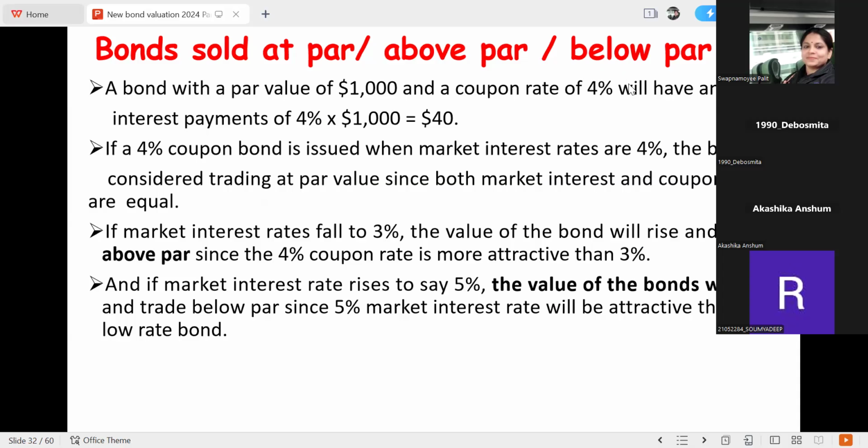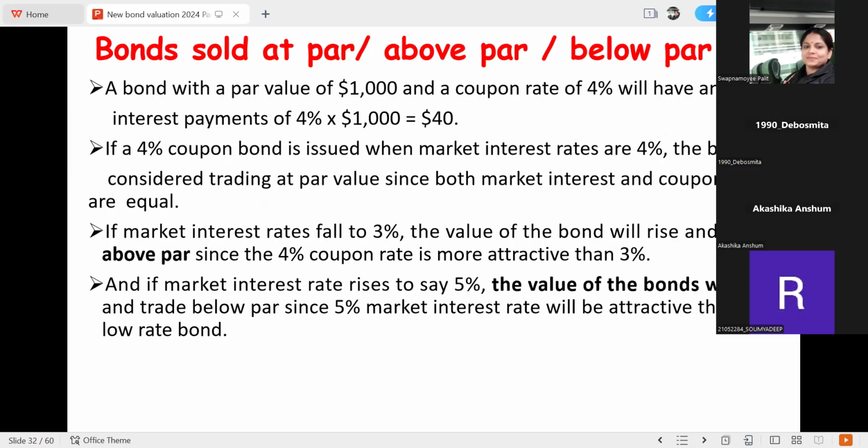Then every year you will get the dividend or interest payment. It is $40. Now, if a 4% bond is issued when the market rate of interest is also 4%, suppose in the market at that time the market rate of interest is also 4%.